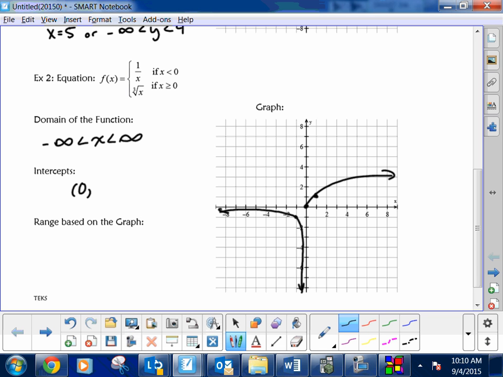Now, what I'm interested to find out is what you think the range is. I'll call on somebody randomly for that one.